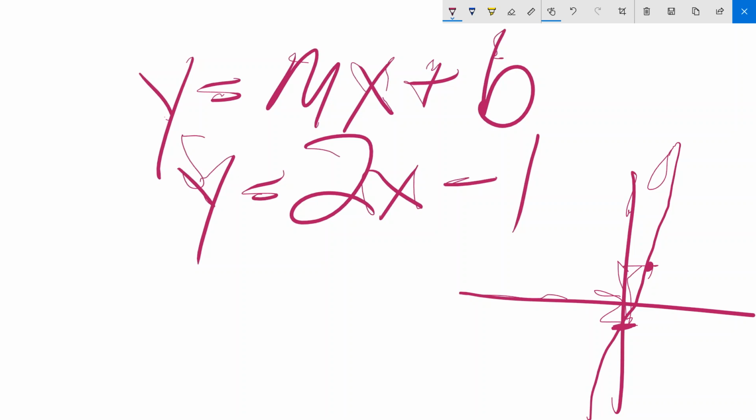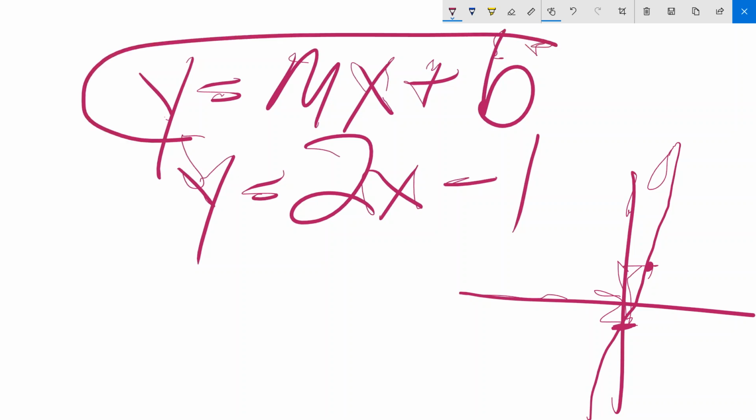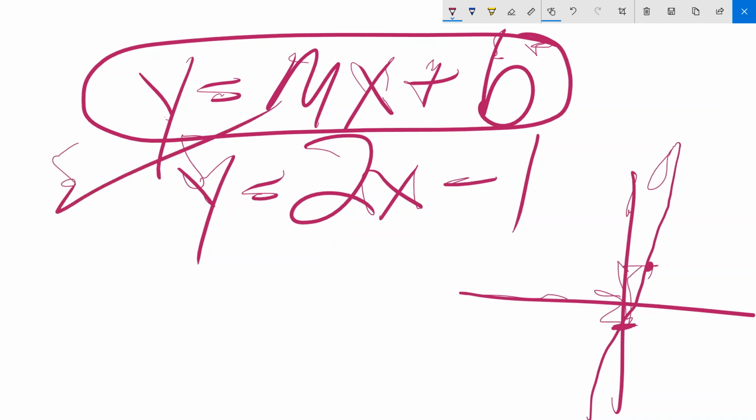So this is probably one of the most important formulas you can memorize. Y equal mx plus b. You can take any linear equation, linear meaning straight line. And that's a linear equation. And you immediately know how to graph it.